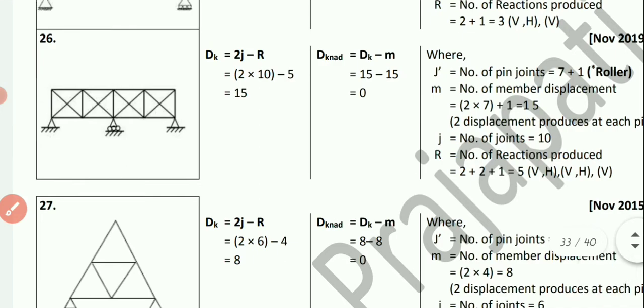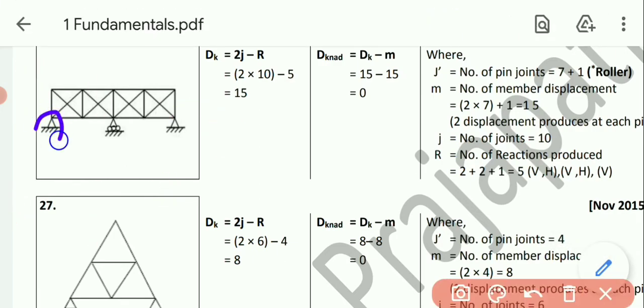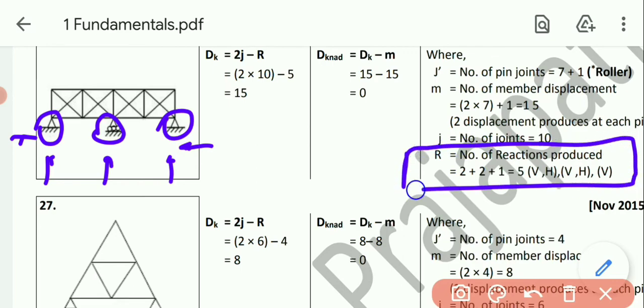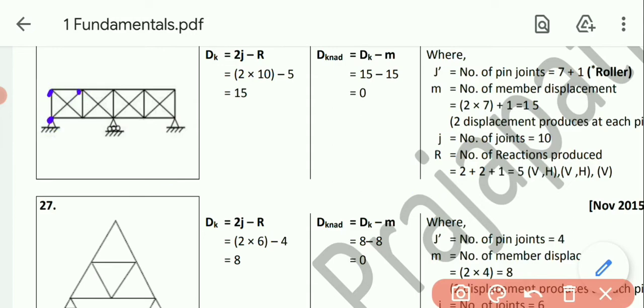Then example number 26: hinge support vertical, horizontal, roller support vertical, hinge support vertical, horizontal, so the value of capital R is 2 plus 2 plus 1, that is 5. Joints 1, 2, 3, 4, 5, 6, 7, 8, 9, 10, so J means the number of joints. Except the support points, all are pin joints, so these 7 are the pin joints, and this roller will also be a pin joint, so 7 plus 1.